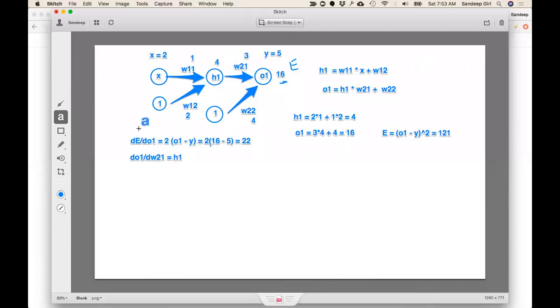By finding the rate of change of error with respect to each weight, and we will use the chain rule to find that. Now you can see that we have clearly computed that. And how much is the H1? H1 is 4, right? So now my question to you is, how much is the rate of change of error with respect to W21?